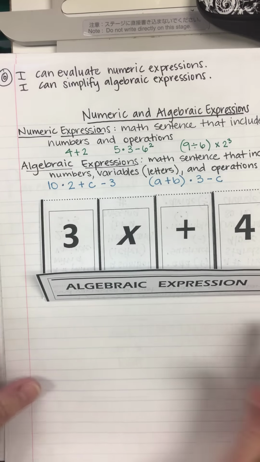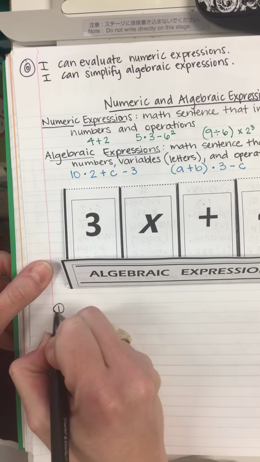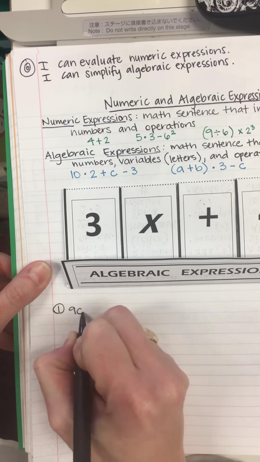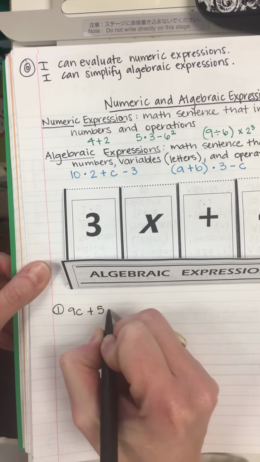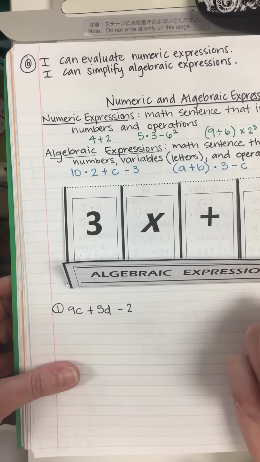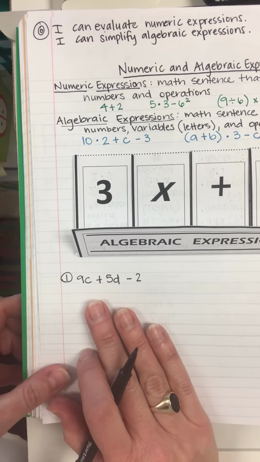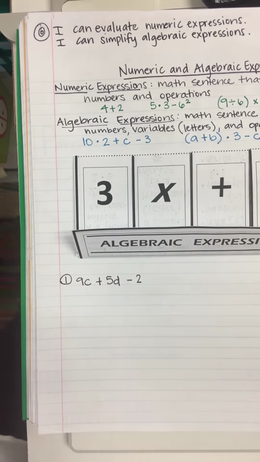So now we're going to do some examples. The first example I want you to copy down looks like this. It says 9c plus 5d minus 2. And then we're going to talk about what we see in this example. I see 3 terms.